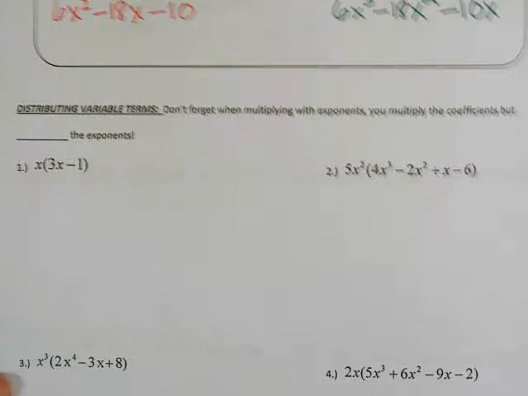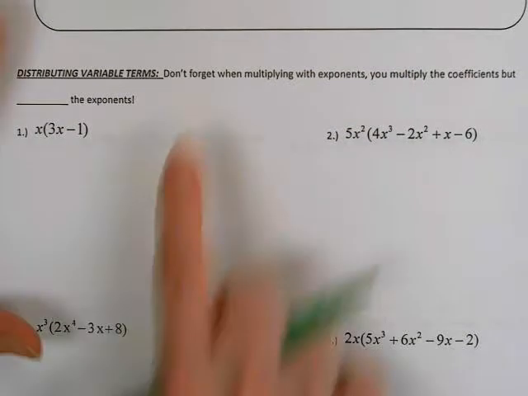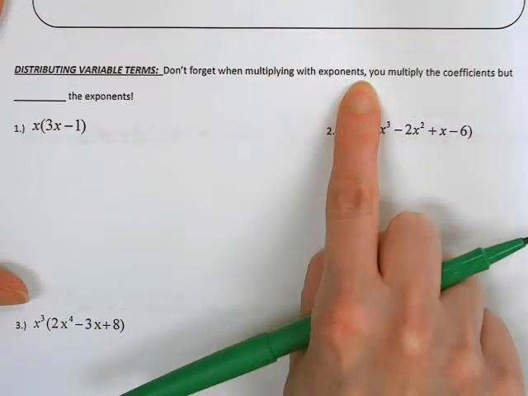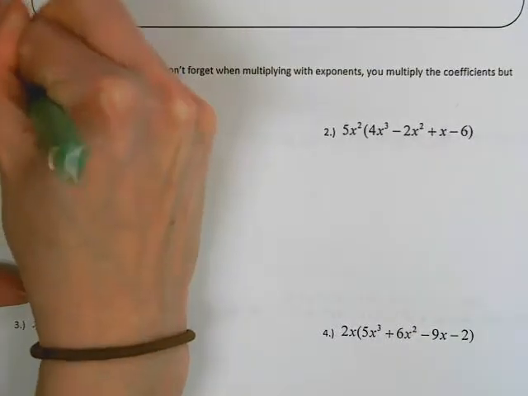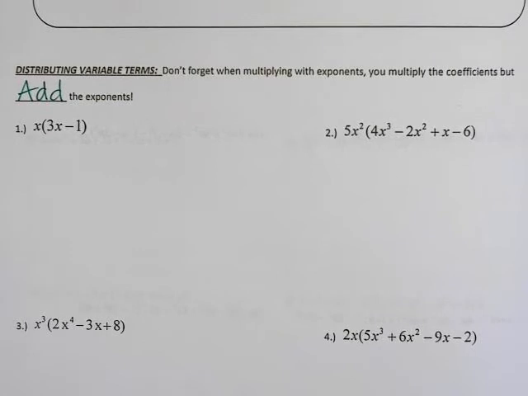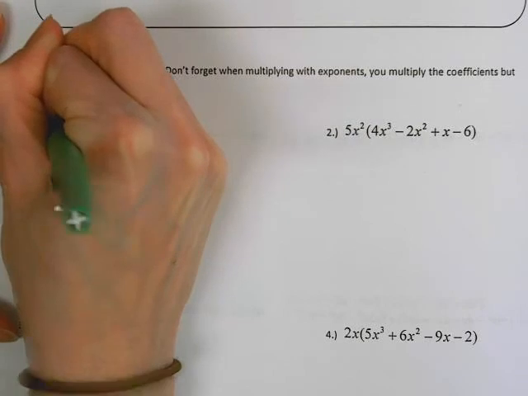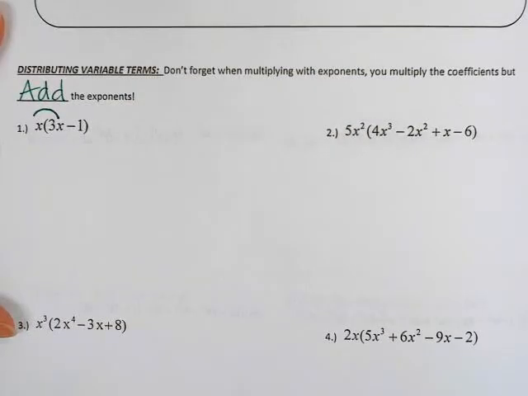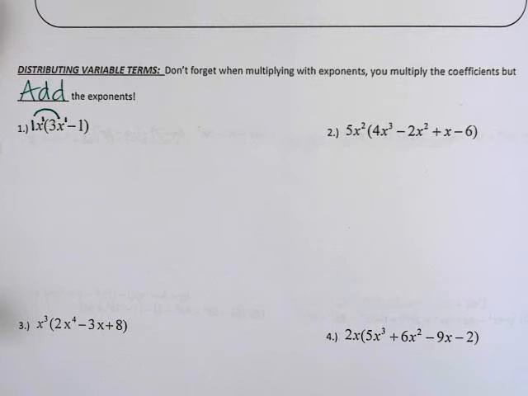All right, so that's what we're going to do today. Distributing variable terms. Don't forget, when multiplying with exponents, you multiply the coefficients, but you add the exponents. All right, let's try it. What's 1x times 3x? If you want to put a little 1 here, and a little 1 here and a little 1 here, if those 1s help you, go ahead.